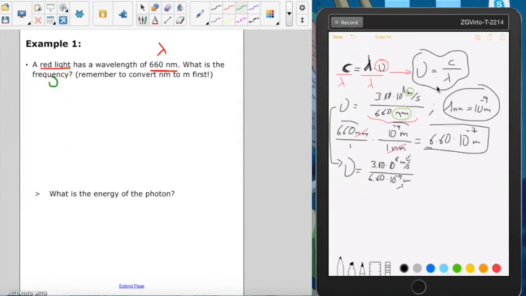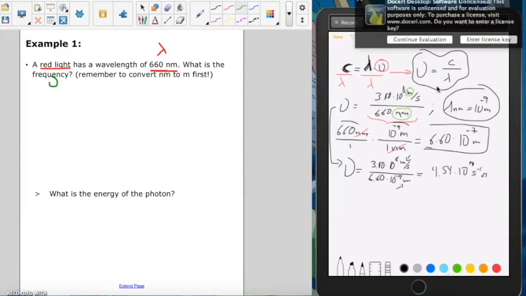You're fine, you can divide. And the answer will be 4.54 times 10 to the 14th, okay? To the 14th. Seconds to the minus 1, or, which is the same, hertz. Both units are okay for the frequency, hertz or seconds to the minus 1.